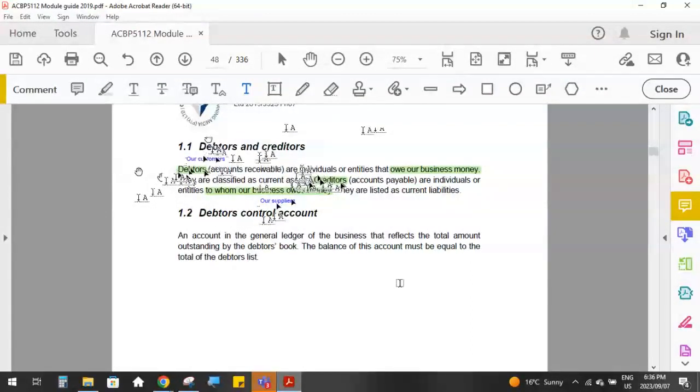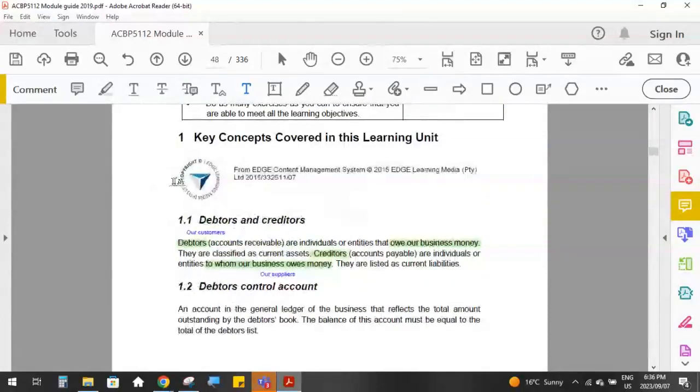So then we've got something else that's very important. In our learning unit called Debtors and Creditors Reconciliation, just like in Learning Unit 1 we had bank reconciliation. In the bank recon, we have to reconcile the business's records for their bank account in their general ledger with the bank statement from our bank, which is the business's records in the bank's books.